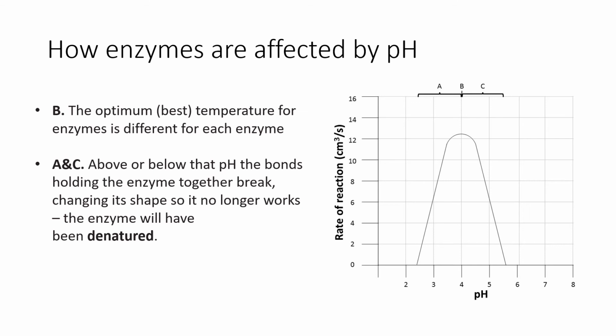You'll have to explain the connection between pH and temperature, the fact that it's above or below optimum in pH, or if it's temperature, it's above the optimum. We talk about denaturing, we talk about the breaking of bonds, we talk about the change of structure, the active site is no longer complementary, and enzyme substrate complexes cannot form.